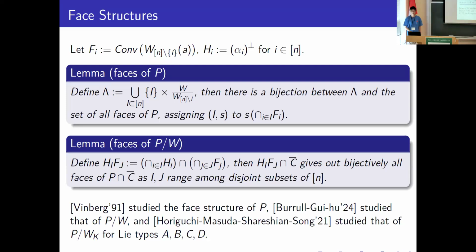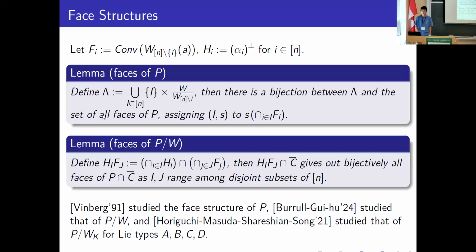So in the first lemma, I just give the description of faces of P, which tells us that all those generating faces that meet the closed chamber generate all faces of P by intersection and the Weyl group action. Here I choose C from the coset just to kill the trivial action of the isotropy subgroup.